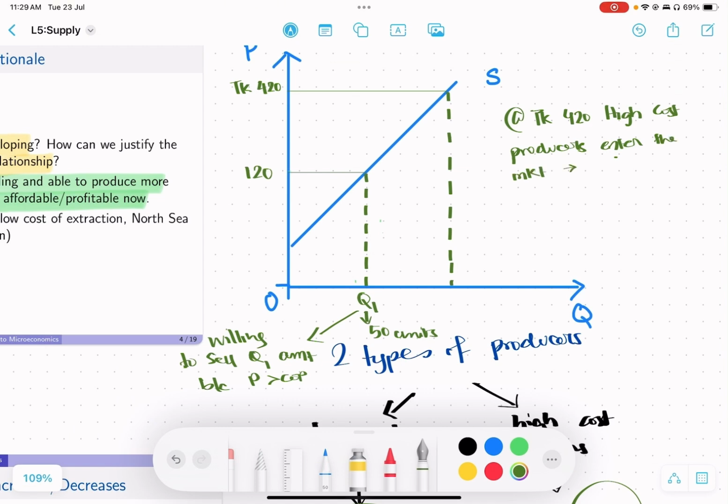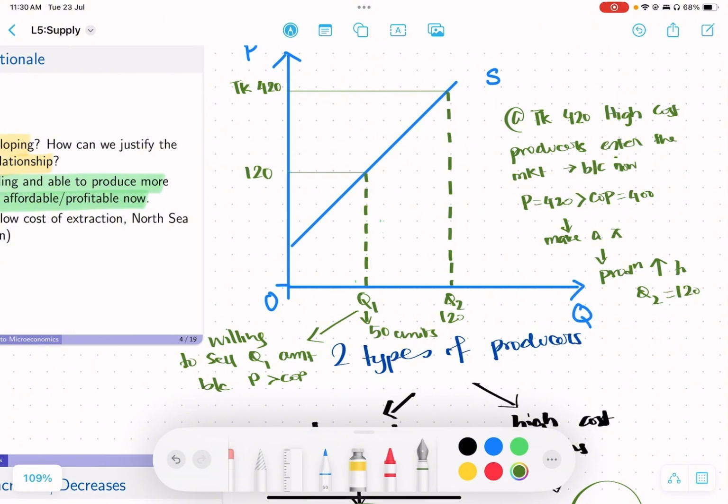Why do they now enter the market? Because now it's profitable for them to sell the good. The price that they're going to be earning, which is 420, is greater than their cost of production, which is 400. So they are now able to make a profit, and so they're going to enter the market, and production goes up in the market to Q2, which, let's make up a number, let's say is 120.